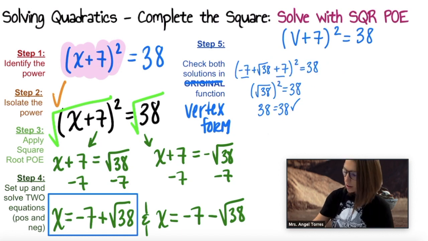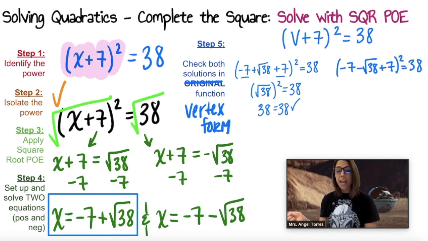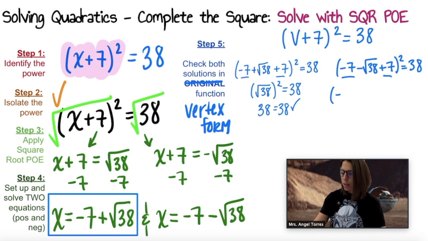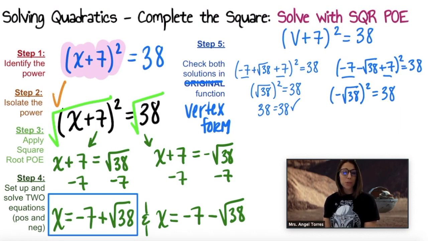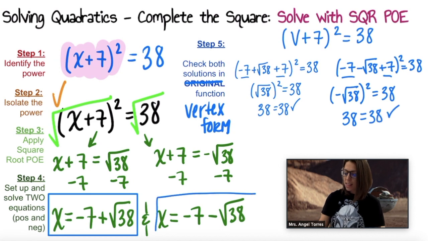Let's check the other one. Again, we're going to have negative 7 and positive 7 make a 0 term. So that leaves us with the negative square root of 38 squared equals 38. And a negative times a negative is always positive. This also equals 38, meaning that this is the other zero of this function.